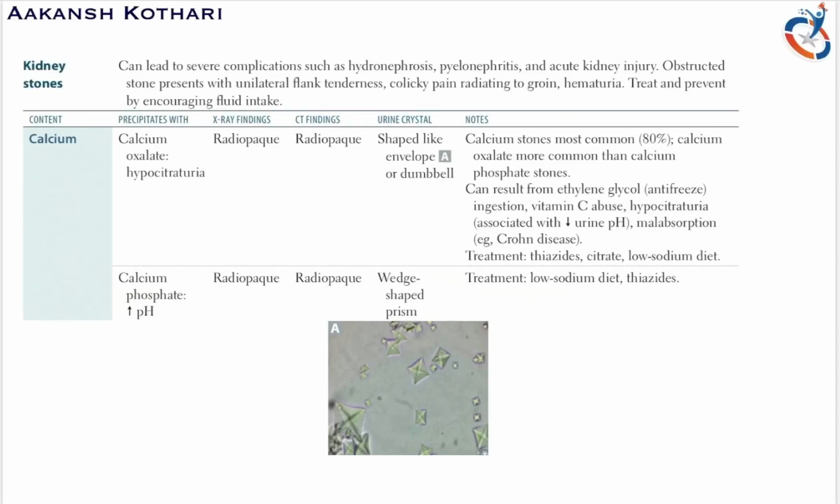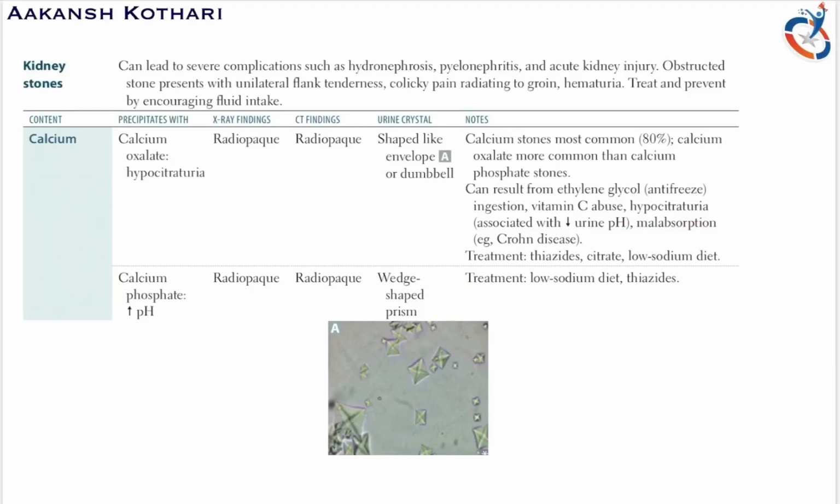This can also occur due to malabsorption, which is seen in Crohn's disease. I have explained Crohn's disease in the GI module, that is the gastroenterology module, along with ulcerative colitis. So basically the causes of calcium oxalate stones are ethylene glycol ingestion, vitamin C abuse, hypocitraturia and malabsorption.